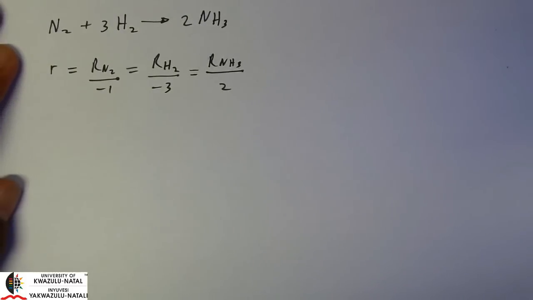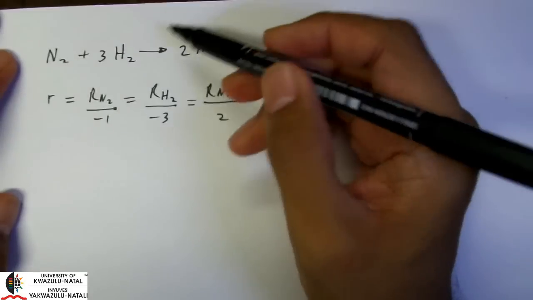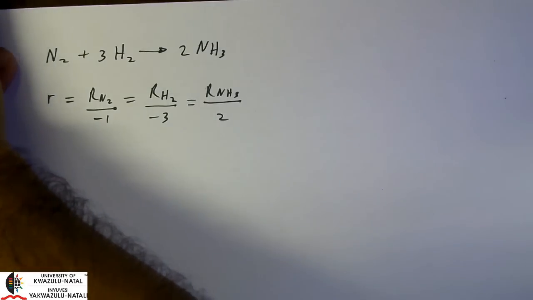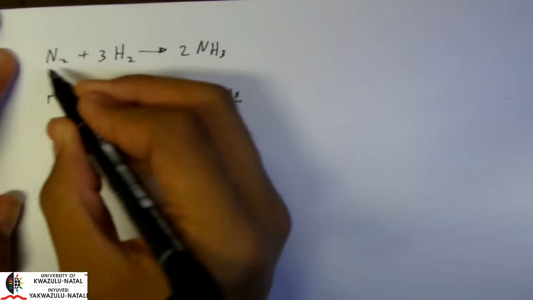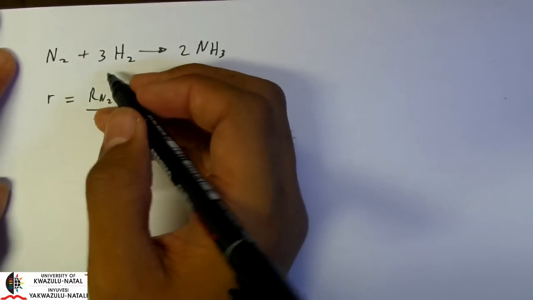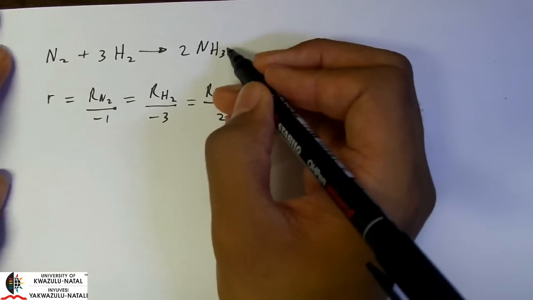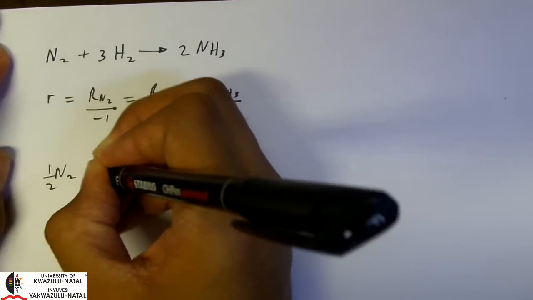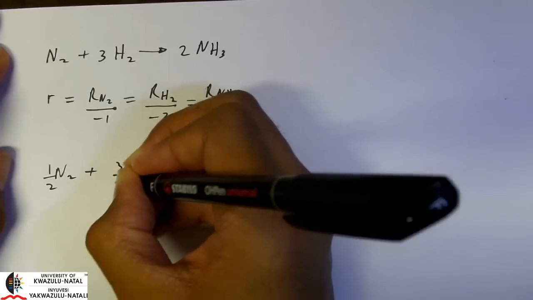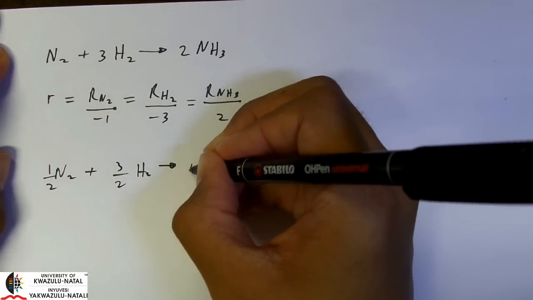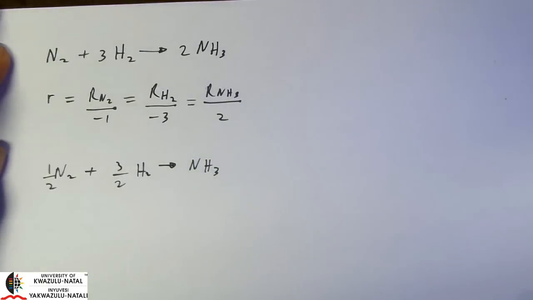Another anomaly in the calculation is that recall that we can also express this reaction in different ways. For example, instead of writing it in terms of 1 mole of nitrogen and 3 moles of hydrogen, we could say that to produce 1 mole of ammonia would require half a mole of nitrogen plus 3/2 hydrogen to give us 1 mole of ammonia.